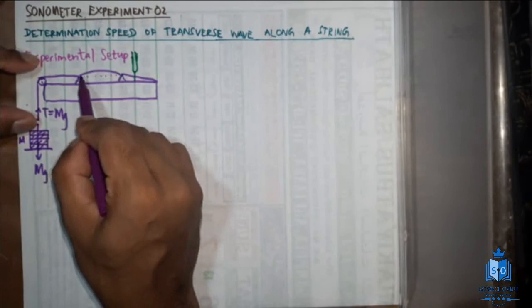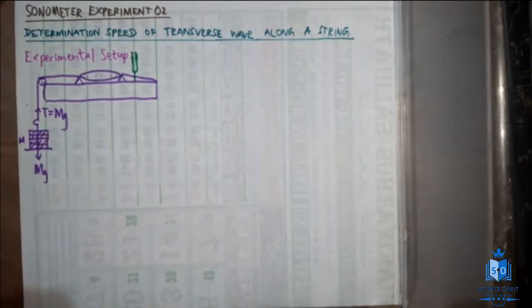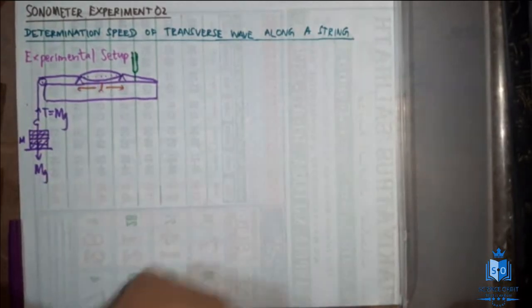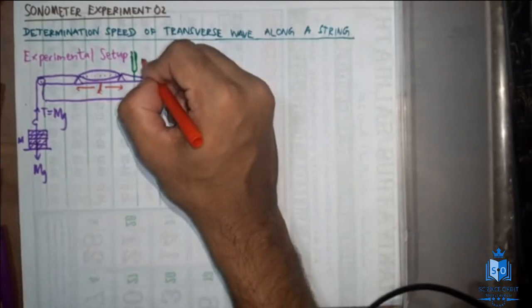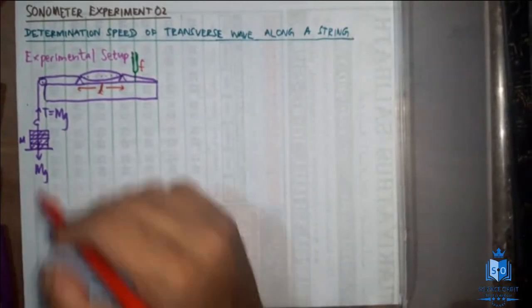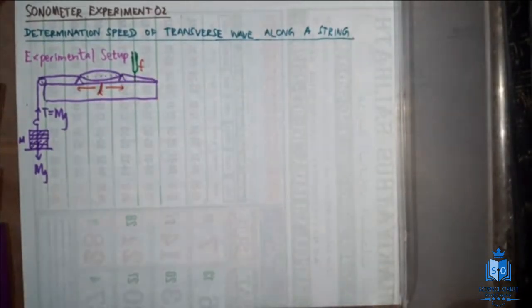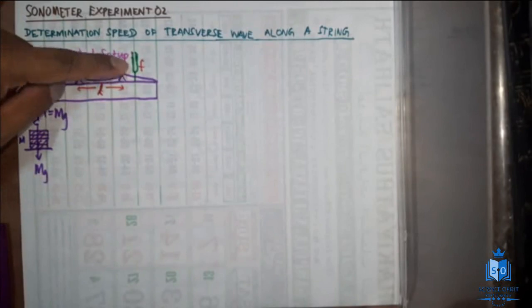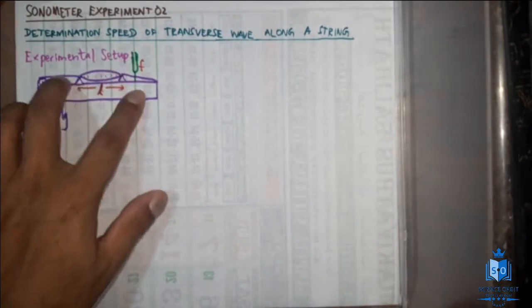So, this standing wave is going to be formed, and just like the earlier case, we will be measuring this length L, and the frequency of this is F. So, in this experiment, we do not change this weight. Instead, we change the frequency of the tuning forks we use, and then we measure the corresponding lengths.